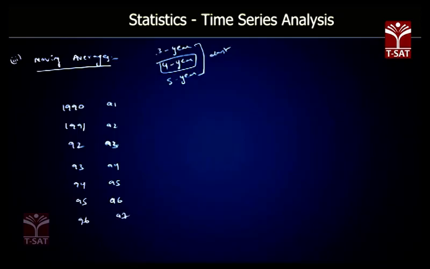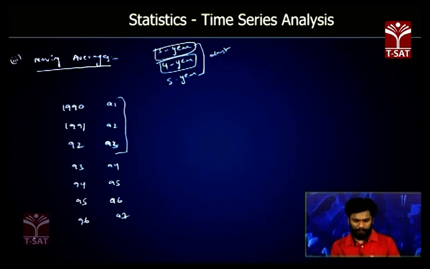First let us discuss the 3-year moving average. In the 3-year moving average, I take the average of the first 3 values and assign that average to the middle year. What is the middle year? 1991. I will assign that average to year 1991. Let us consider that average is A1.